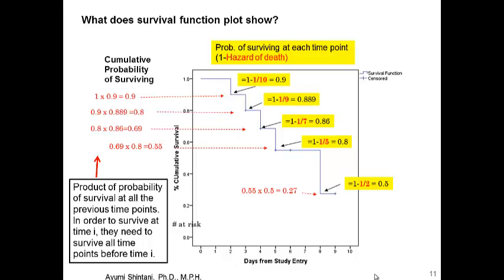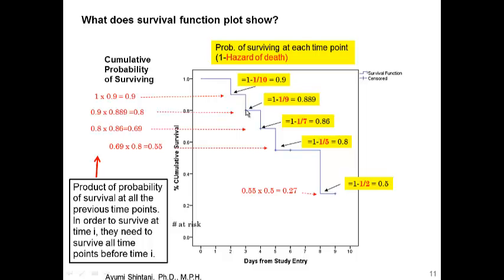Okay, so let's review. We had 1 event occur among 10 patients in the risk set, and therefore the cumulative probability of survival is 90%. And at day 3, the probability of this person having survived by the end of the 3rd day is the product of this person having survived at the previous day, which is 0.9, times this person surviving on the 3rd day, which is given by 1 minus 1 over 9.